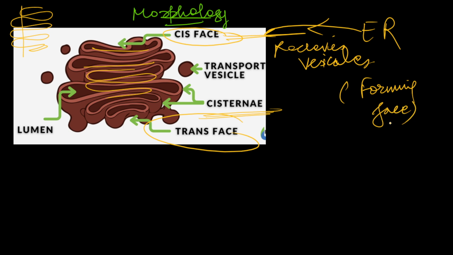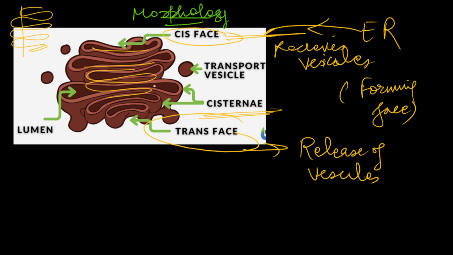When we discuss the functions, we will see why it is the forming phase, because certain materials start forming near the cis phase, and after being completely formed, they are released from the trans phase. Here vesicles are released. During the forming phase the materials start forming, and here the materials mature. So it is also known as the maturing phase, because after the material has matured, it is released from the trans phase.